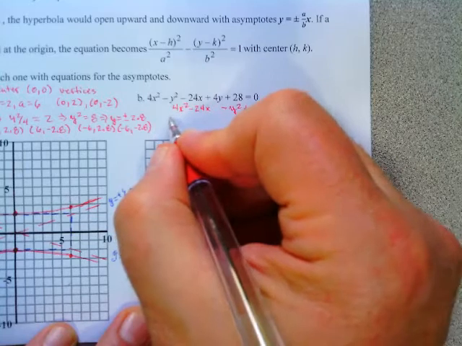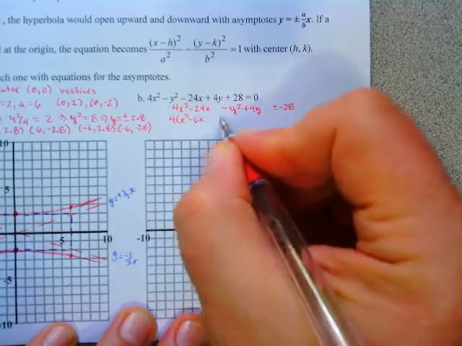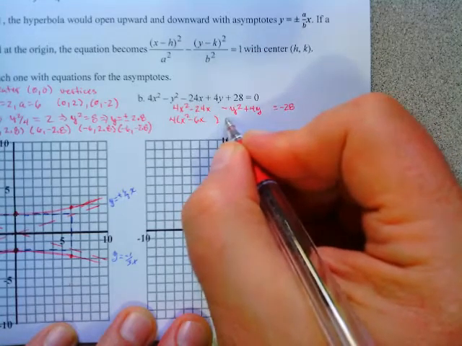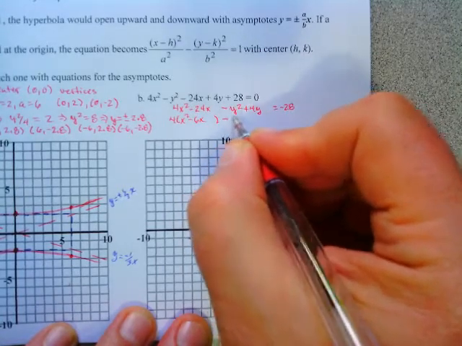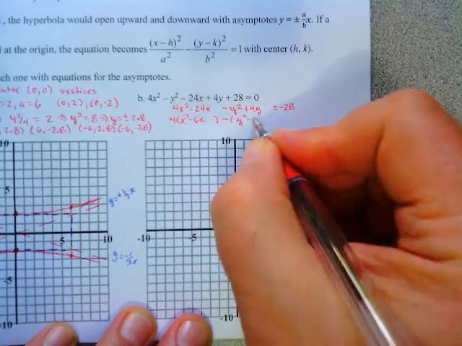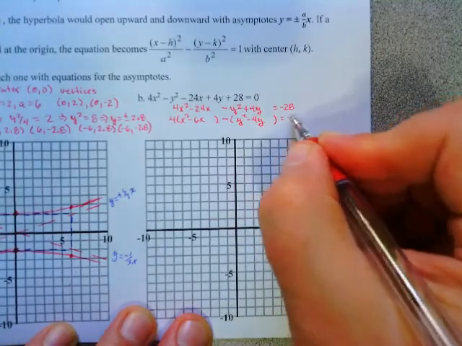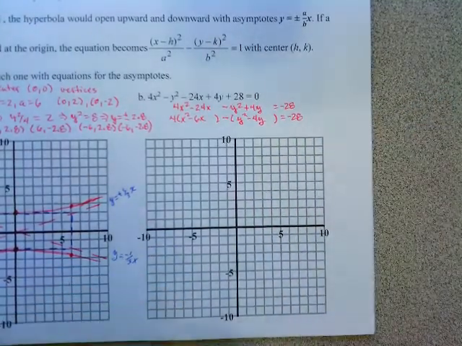Pull the 4 out, so we have 4 times (x squared subtract 6x), and here we pull the negative sign out, so negative (y squared subtract 4y), and again equals negative 28.